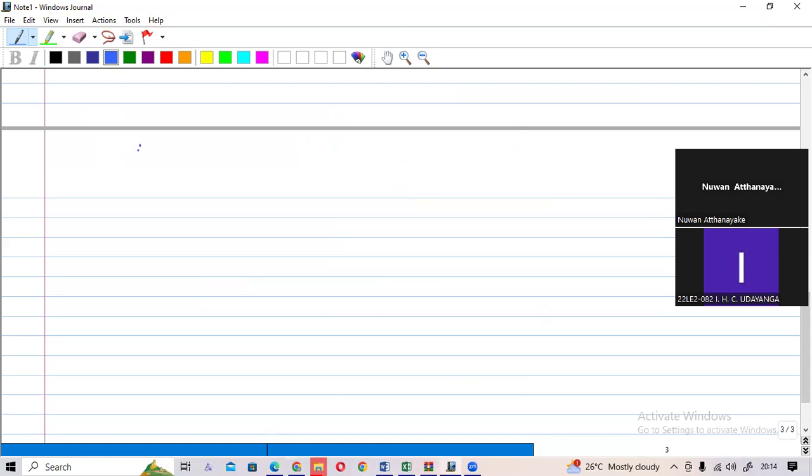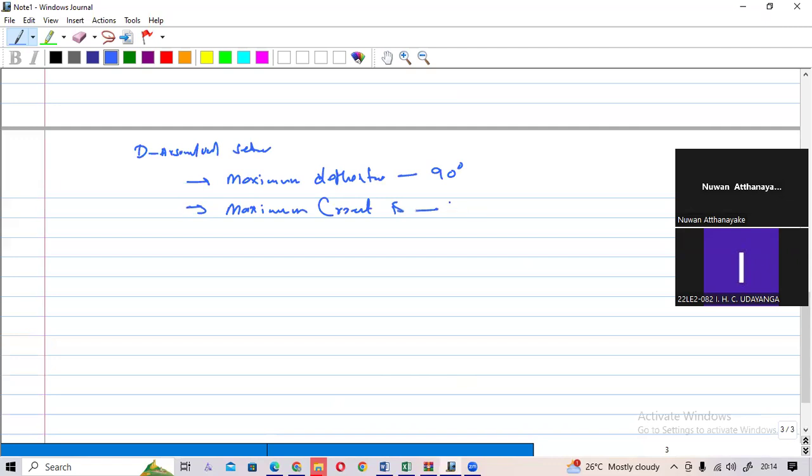In that Diasono setup, let's say that maximum deflection is 90 degree, and the maximum current is let's say 6 ampere. So this is the Diasono setup we have seen in our example.